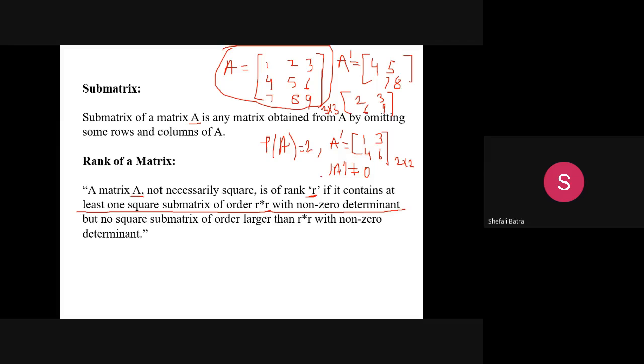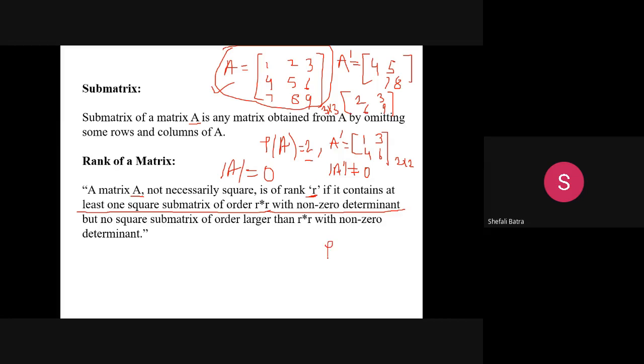And along with this, the submatrix of higher order means only one submatrix can be made, of order 3 cross 3, so the determinant of that matrix must be 0. If it is so, then you can say that the given matrix has rank 2.